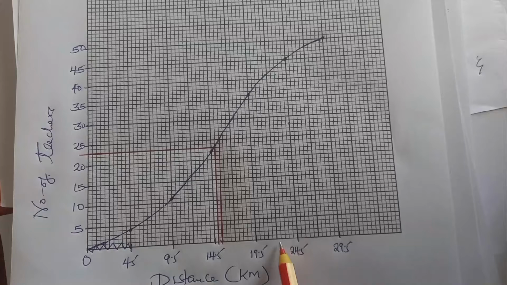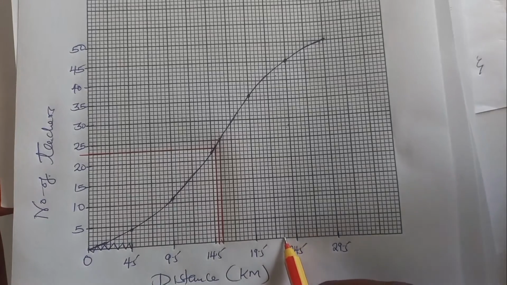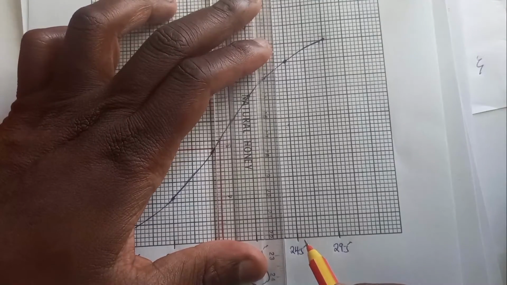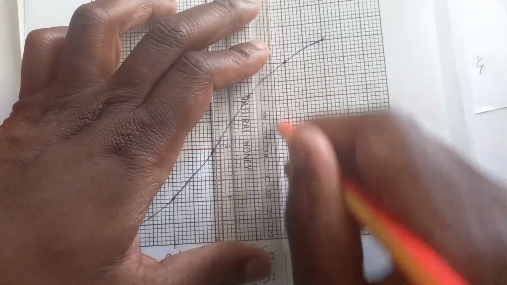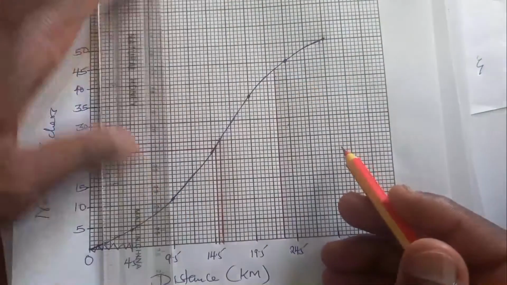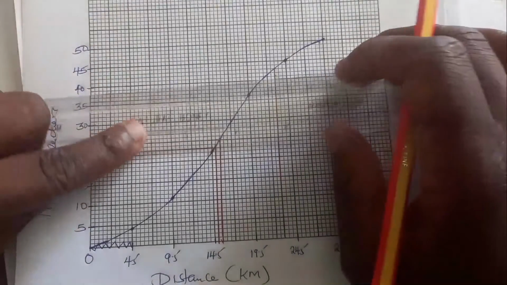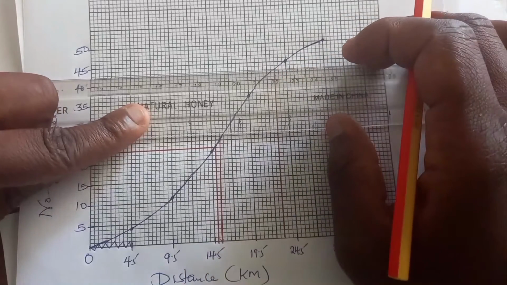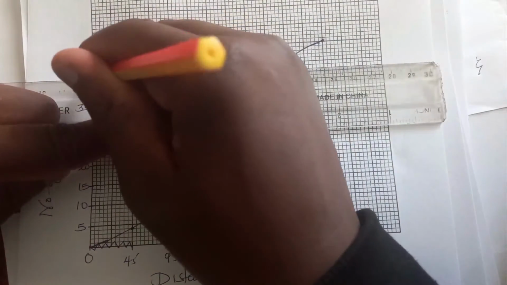Where do you have 23? This is 24, 23.5, 23 will be here. So draw a straight line from here, and where it touches the curve, draw the straight line there.